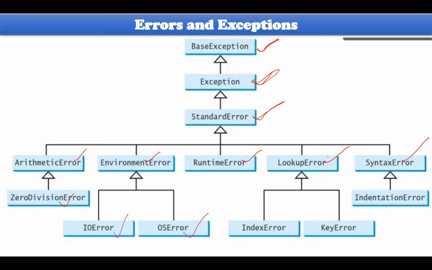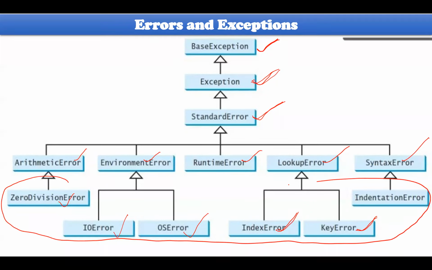Lookup errors: while trying to take data from a list, if the list index is out of range, that is an error. And for a key error, if any key is taken from a dictionary and the key is not available, then we get a key error. So there are as many built-in exceptions defined as are available.